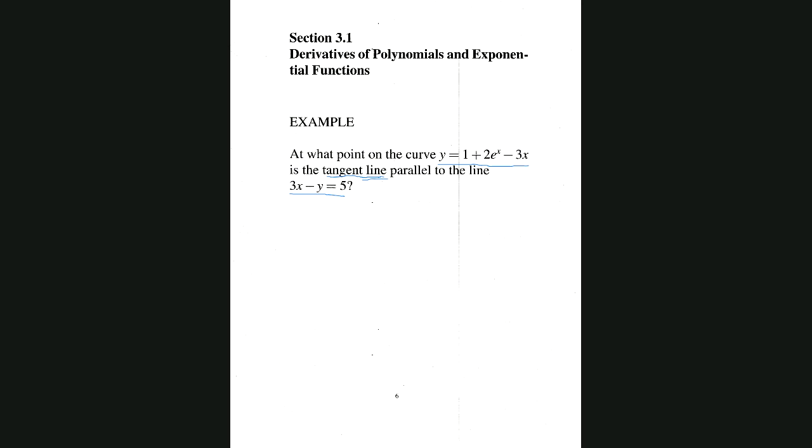Very good, Betsua. So what we have to do, since they're saying at what point on the curve is the tangent line parallel to this line, they're talking about tangent lines to the curve. So that means we have to find the derivative of this function, 1 plus 2 times e to the x minus 3x.